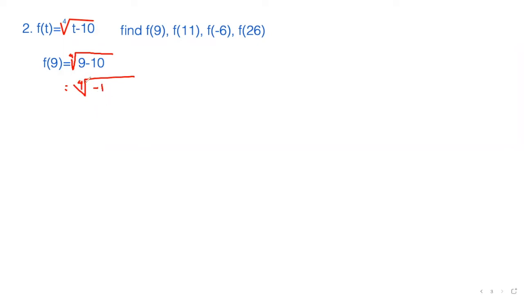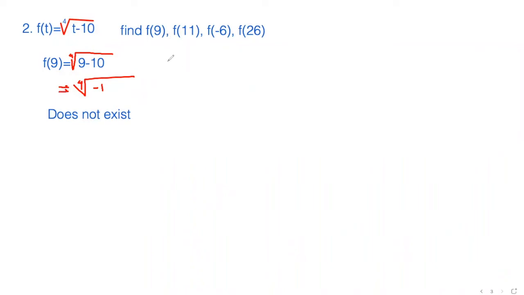If you have an even index and negative 1 inside, that is not possible to evaluate. So if you have an even index, then it is not possible. But if the index is odd, then it is possible to evaluate a negative number.